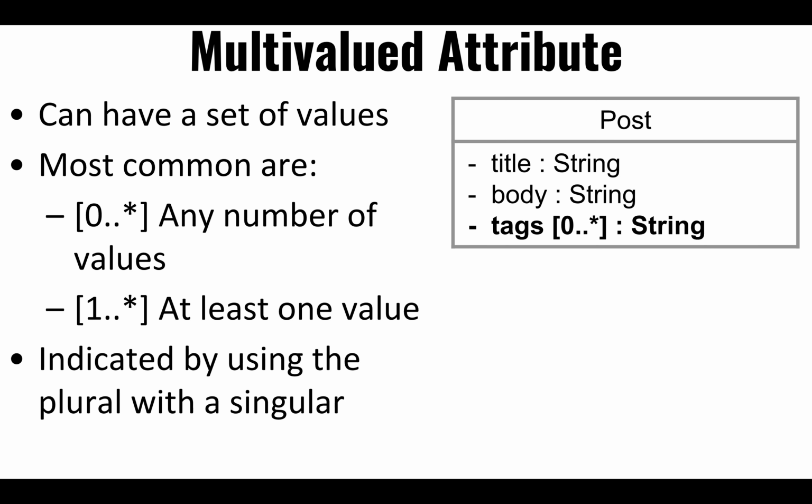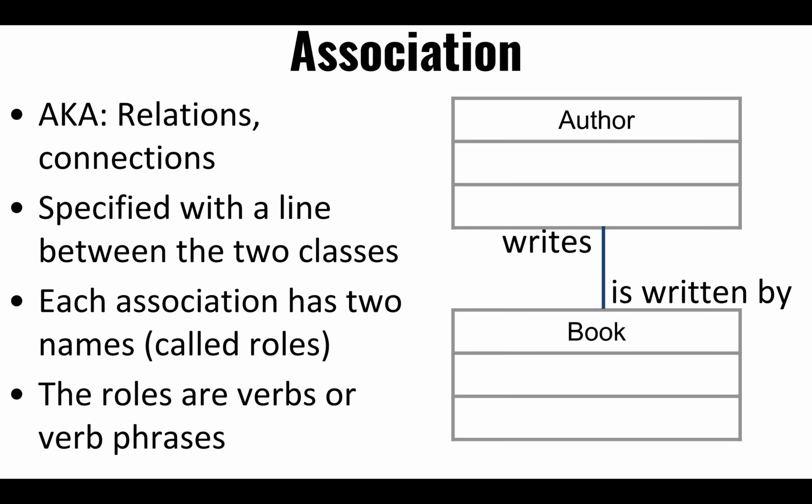Yeah, multivalued attributes, like tags, keeping track of multiple tags or multiple strings. Associations. So associations, the generic capturing of an association is just a line, and then verbs that specify the type of the relationship between authors and book, or any two binary classes. Typically, the verb is written right next to the class, so that you can read it from any direction.